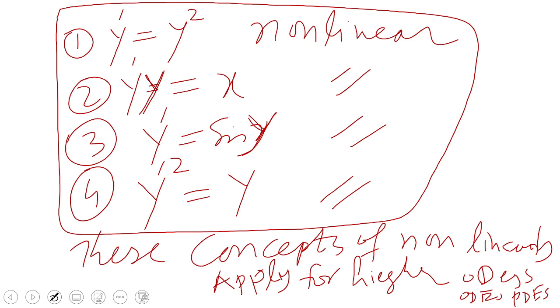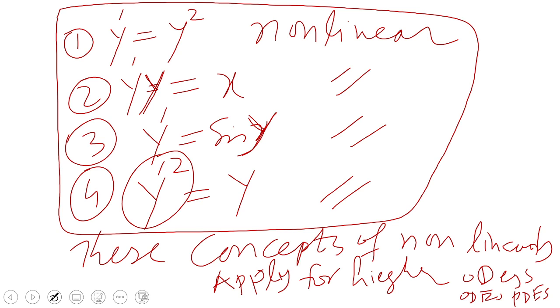The first is a power other than one of the dependent variable. The second is the product of the dependent variable and the derivative. The third is when it contains a transcendental function of the dependent variable. And the fourth is a non-linear power of the derivative, so this is a second degree, first order ordinary differential equation.